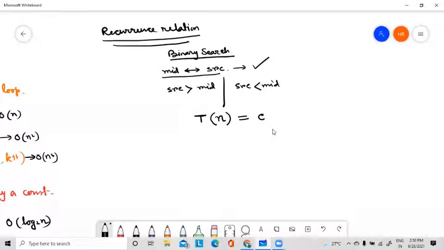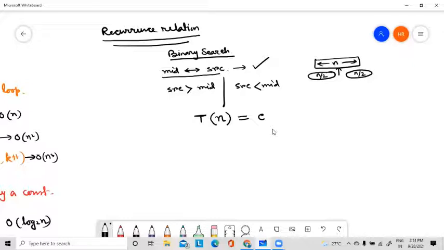Then what happens after this comparison? Your total array of n elements, after comparison with the middle element, becomes two different parts. It is divided into two parts. This side is almost n by 2, and this side is almost n by 2. Clear?